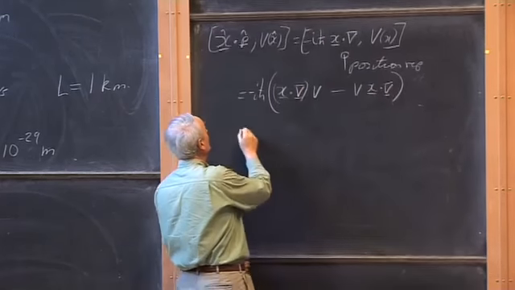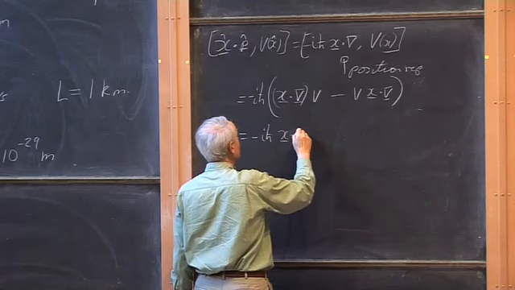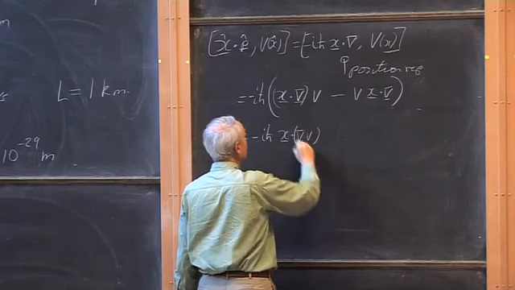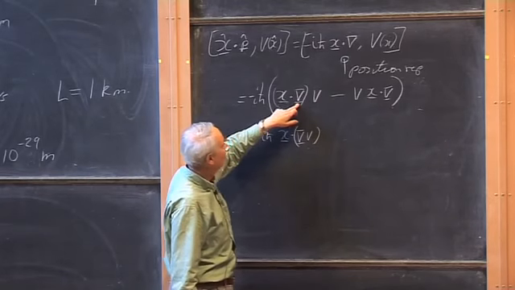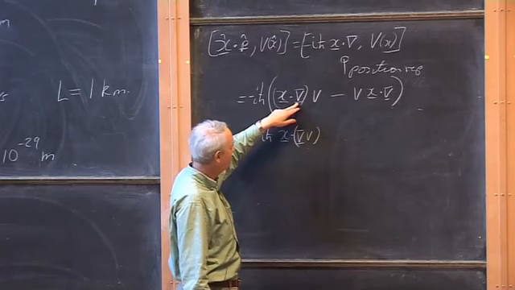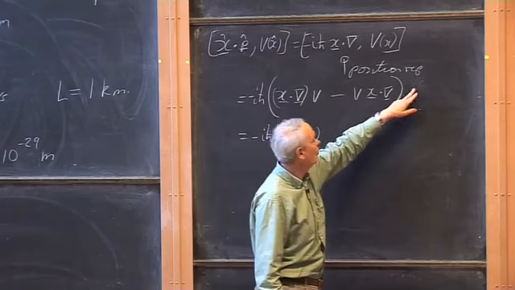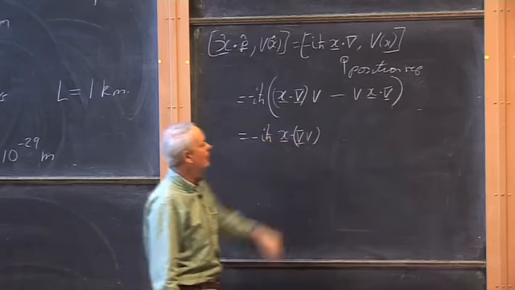So what this is equal to is minus iħ x dot gradient of v. That's all that survives: the action of the gradient operator on the potential itself. The action of the gradient operator on the wave function that's virtually sitting here is cancelled by this contribution.